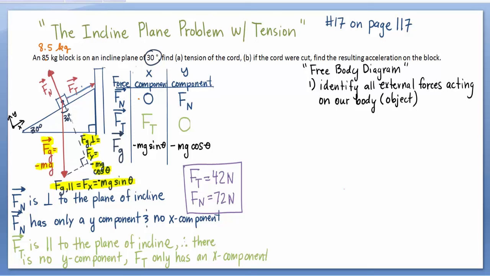So if the cord is cut, what is the resulting acceleration on the block?